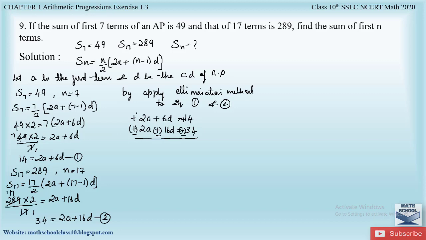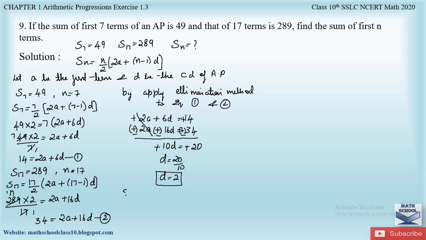Here we can notice that the coefficient of a is equal with a plus and minus sign, so this will cancel. Again the minus sign will come because 16 is the greater number, so 16 minus 6 is minus 10d is equal to, again the greater number sign, that is minus sign will come here, so 34 minus 14 will be 20. So minus and minus will get cancelled, so d is equal to 20 by 10, or d value is equal to 2. So we got the d value which is equal to 2.